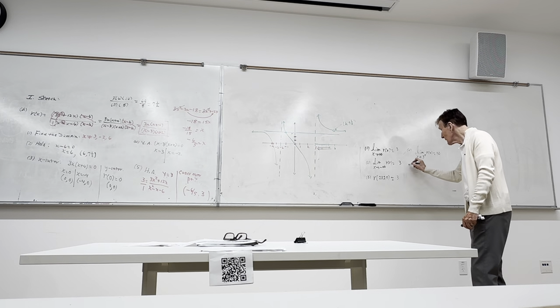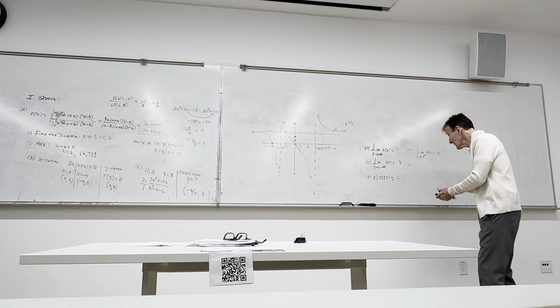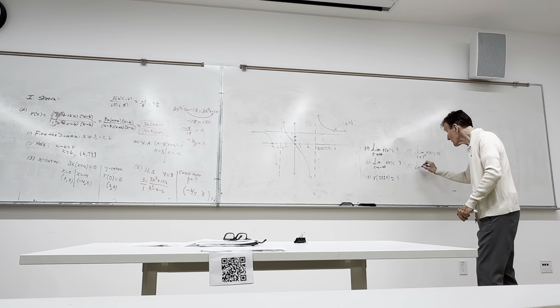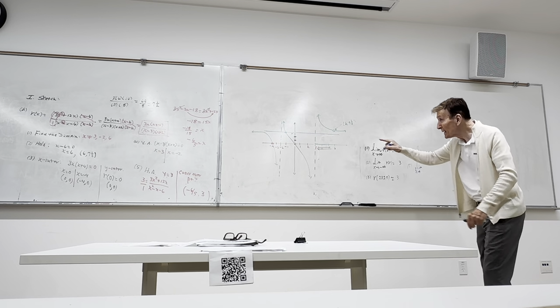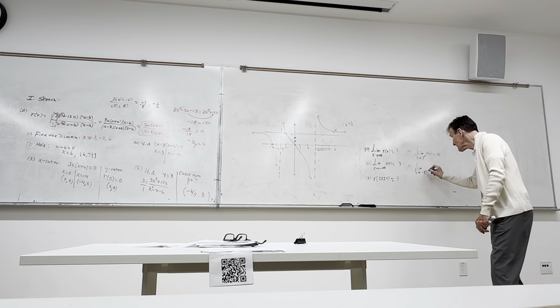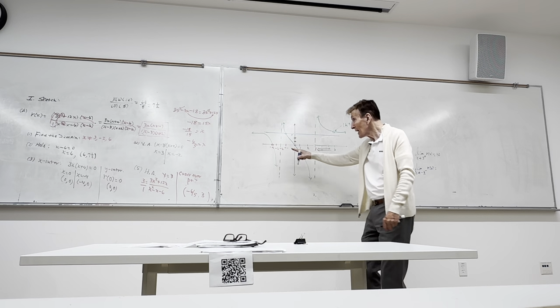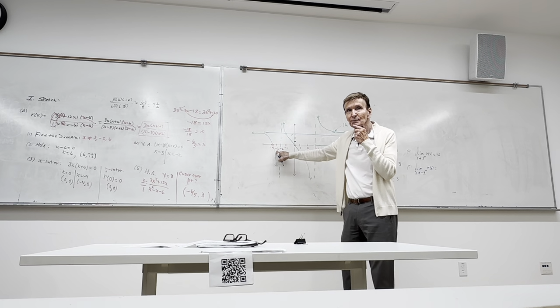Number 5, let's try to find the limit as x is approaching, let's try maybe -2 from the left. Subscript, absolutely, subscript from a negative sign. Guys, here's -2, and I want you to stay on the left of it.